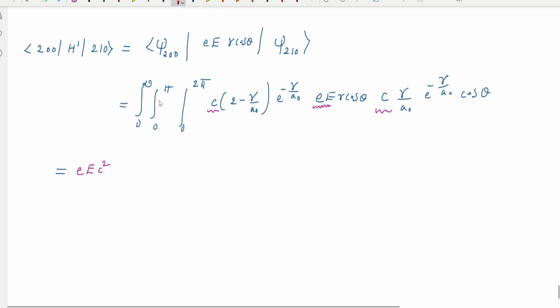All the remaining terms, integral 0 to infinity, are r terms: r squared, e power minus r divided by a naught, r term, and here also r term is there.